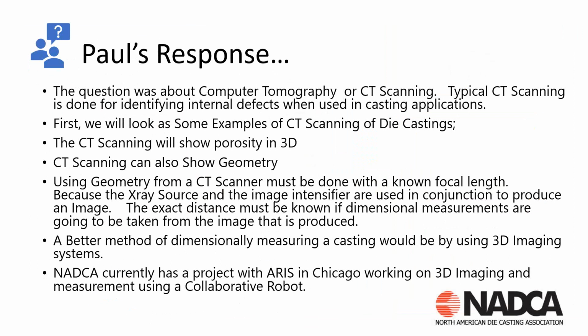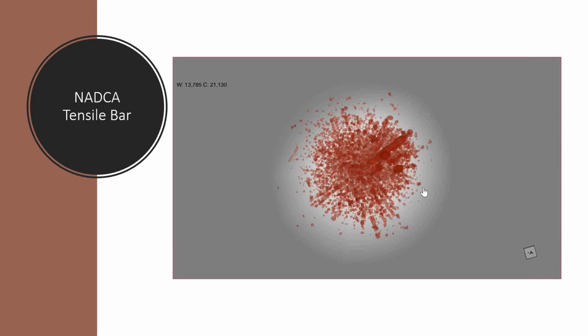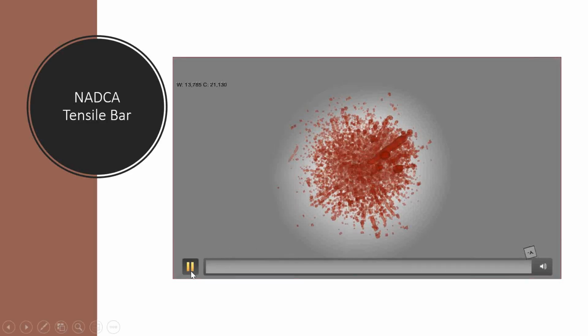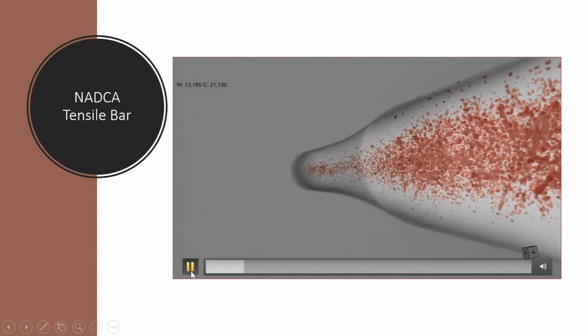There are better methods to use if you're going to be using some 3D imaging, and we're going to touch on one right at the end of this, and that's done by ARIS, and that's a project that NADCA currently has ongoing.